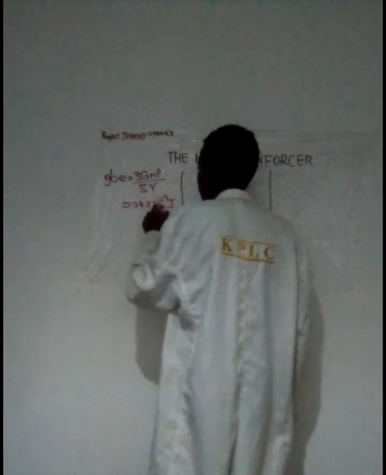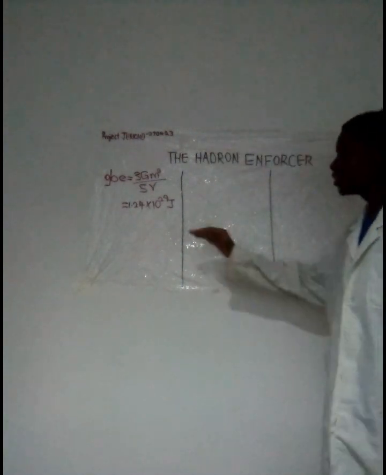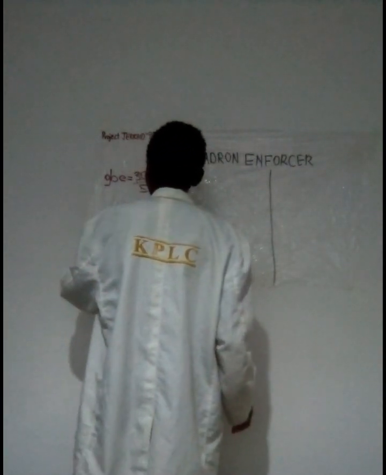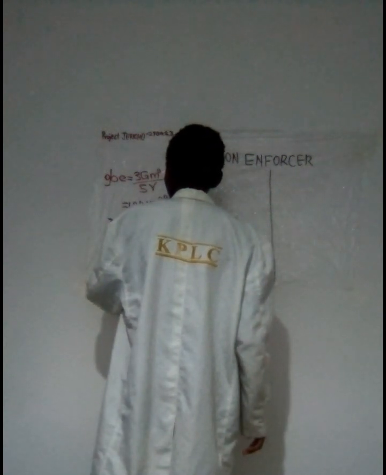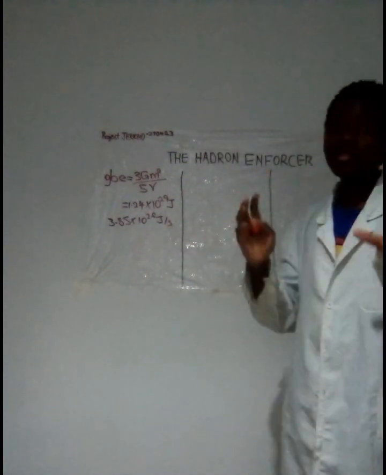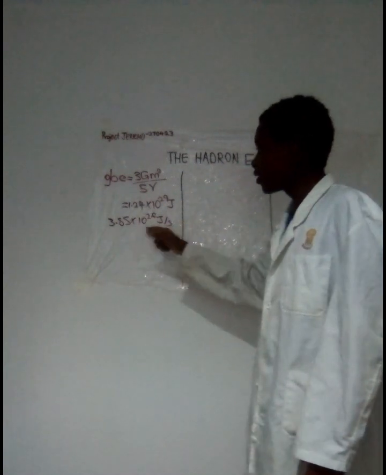we get about 1.24 times 10 to the power 29 joules of energy. To put this gigantic amount of energy into perspective, the sun outputs about 3.85 times 10 to the power 26 joules per second. This is the energy outputted by the sun per second.